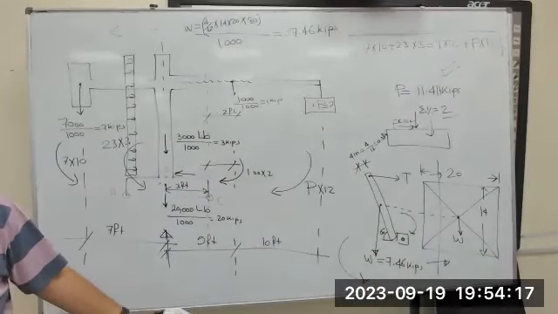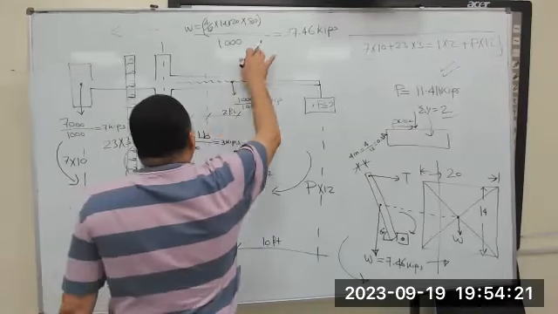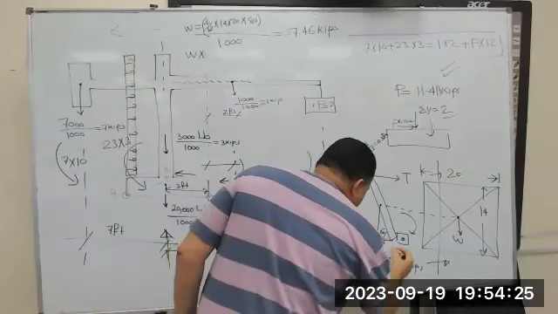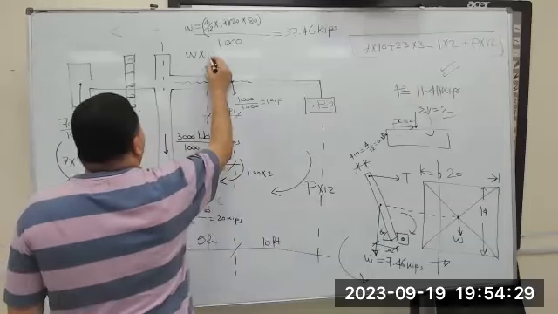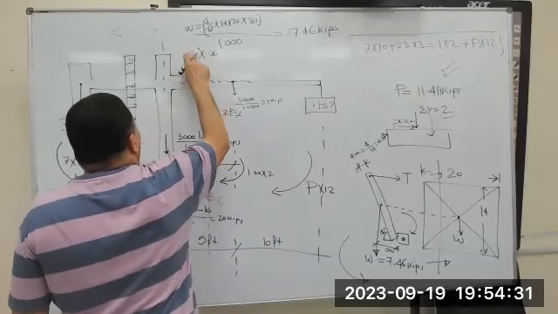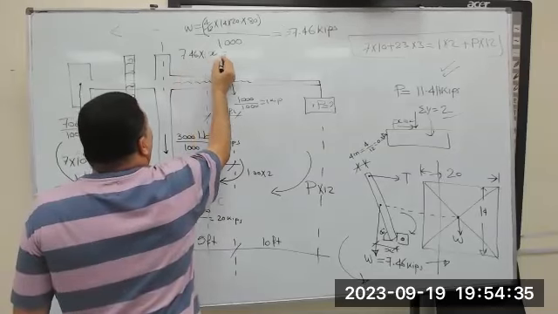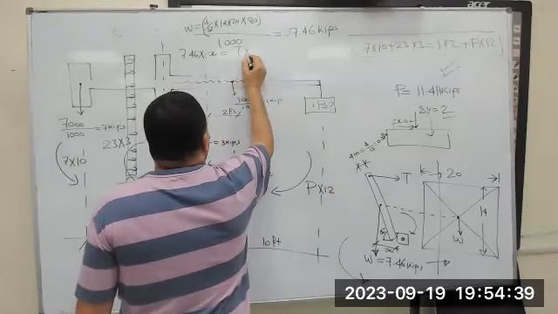The second equation is what? W multiply X. You have 7.46 multiply X. It should be equal to T multiply Ly.